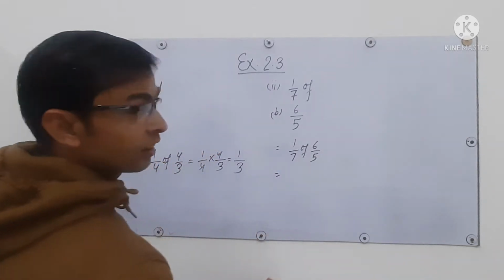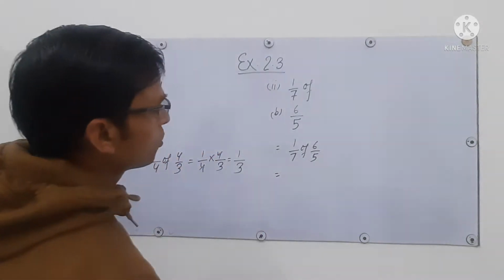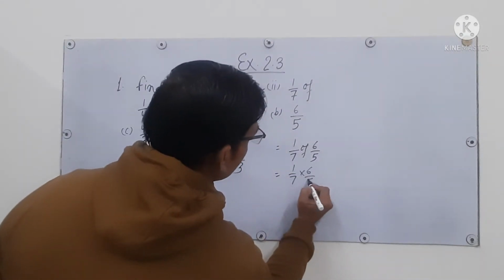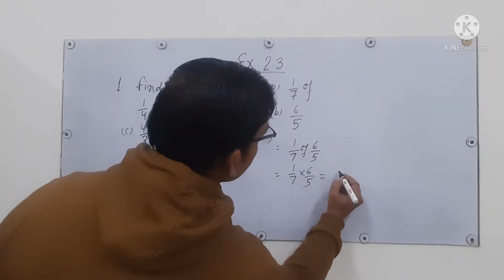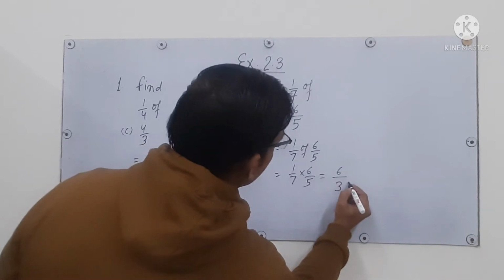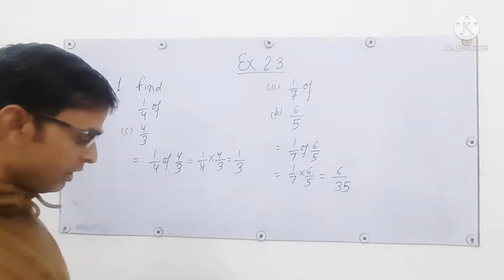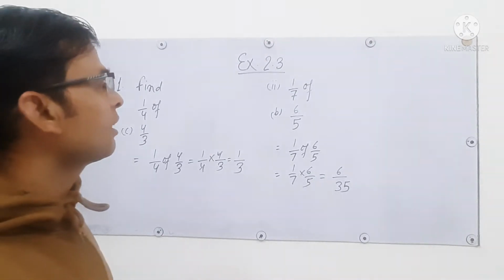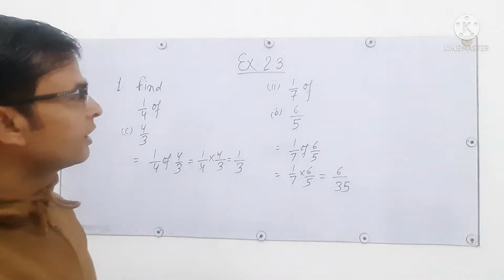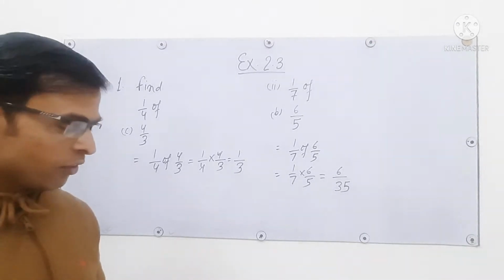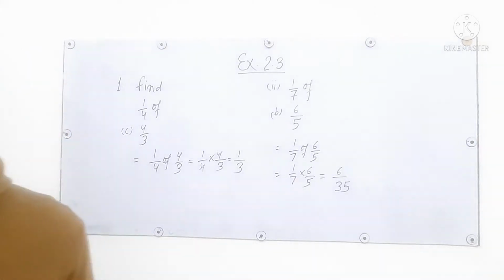Here I cannot cut any more, so we just multiply 6 by 5, and the lowest possible solution will be 6 upon 35, that is 7 cross 5 will be 35. You can see how easy these questions are, and you can easily solve them on your own. Now we will proceed to solve question number 2.